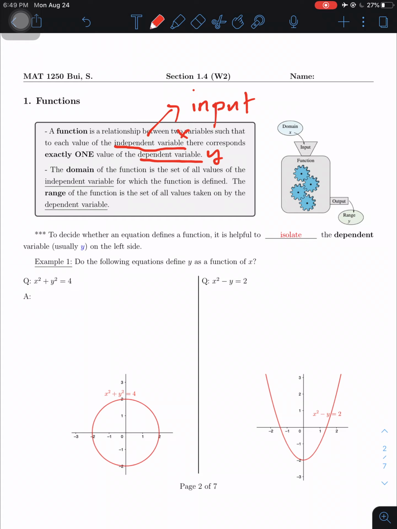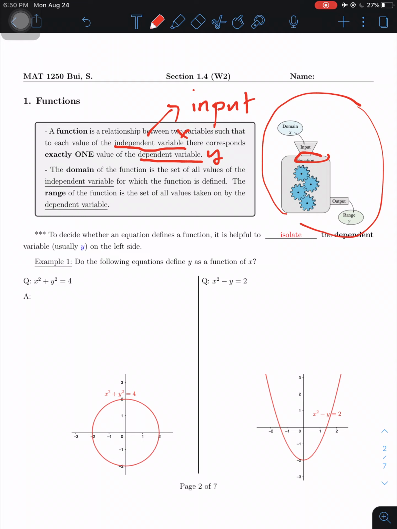You're not gonna plug in y values to get x out of it unless the problem tells you to do so. But most of the time you're gonna plug in x values to find y, if the problem doesn't say anything. So here is the picture of the machine of the function where x in here is the input and y in here is the output.